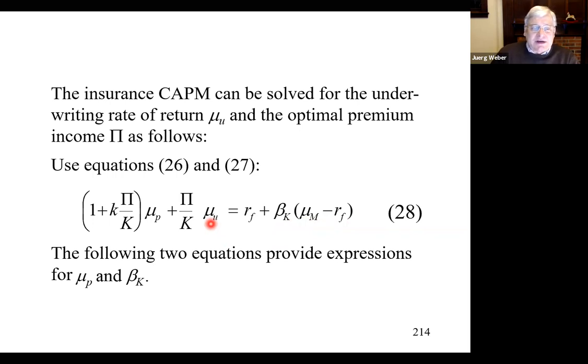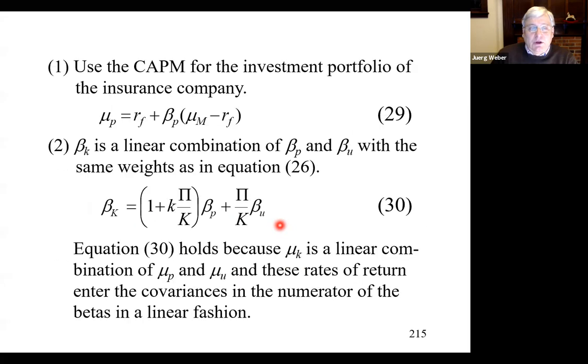Now we know everything in this equation except mu p, that's not yet known, and beta k. So we now need expressions for mu p and for beta k. Mu p is just the return on the investment portfolio of the insurance company. Here we can again apply the CAPM. The return of the investment portfolio equals the risk-free return plus a risk adjustment.